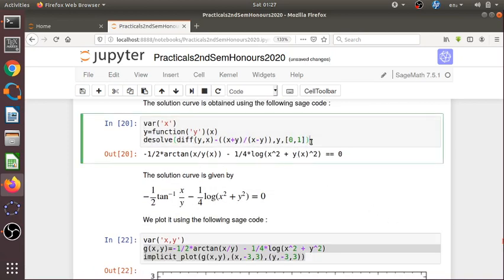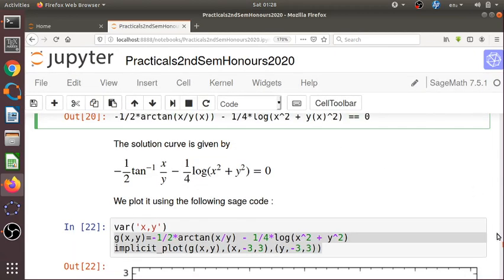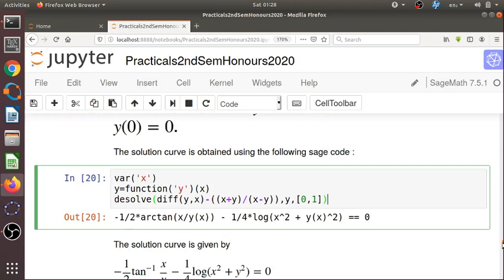Let us see how this curve looks like. The solution is exactly similar: variable x, then y equal to function of x, and then we'll use this desolve command. Let me maximize this part also. So this is the command: desolve of diff y x minus, within brackets we write this quantity (x plus y) by (x minus y).